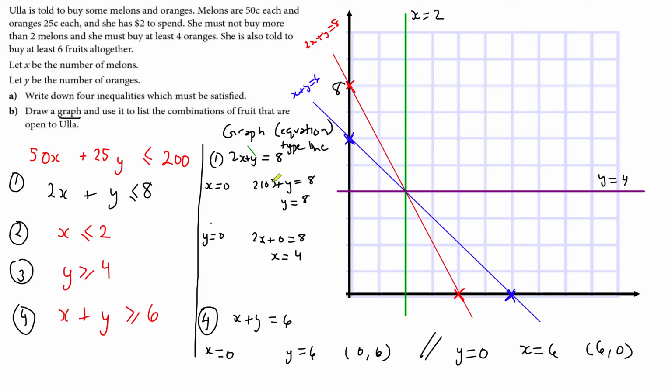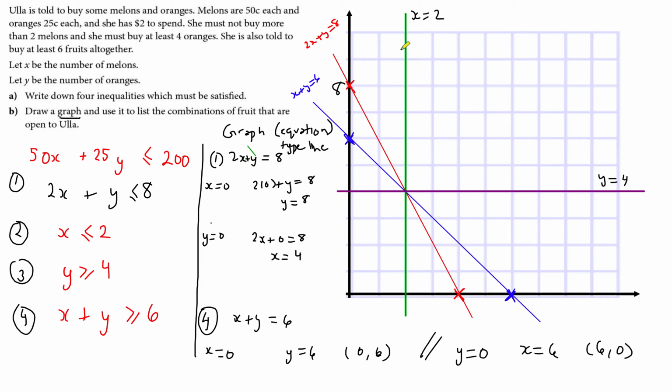So let's start with a more complicated one, 2x plus y less than or equal to 8. Or let's start with the easy one so that it makes sense. I have x less than or equal to 2. So all the values here are x less than or equal to 2. Every value here is more than 2. So she's not allowed to pick the 4 and the 6, because the maximum she needs to get is 2 melons.